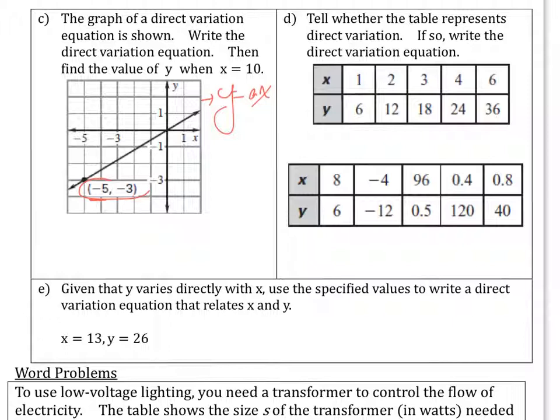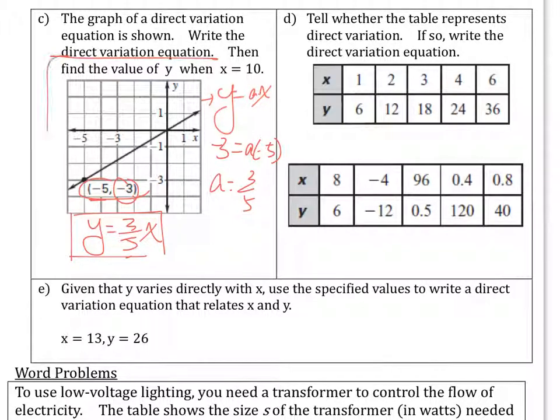Here let's begin with -3, and set it equal to a times -5, so a will equal 3/5. And rewrite the equation, substituting in a for 3/5x, and that will be part of our answer. That's the direct variation equation.